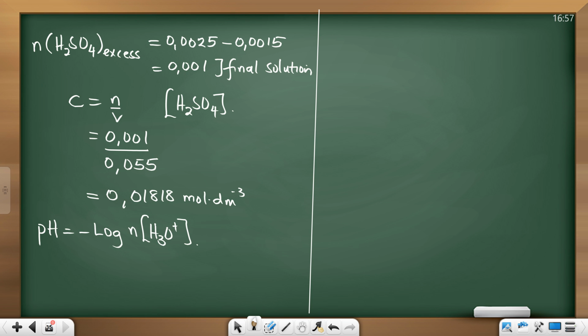It's a diprotic acid. I need to multiply that by 2. Because I'm dealing with what? A diprotic what? Acid. So negative log 2 times 0.01818. Your answer should be less than 7.